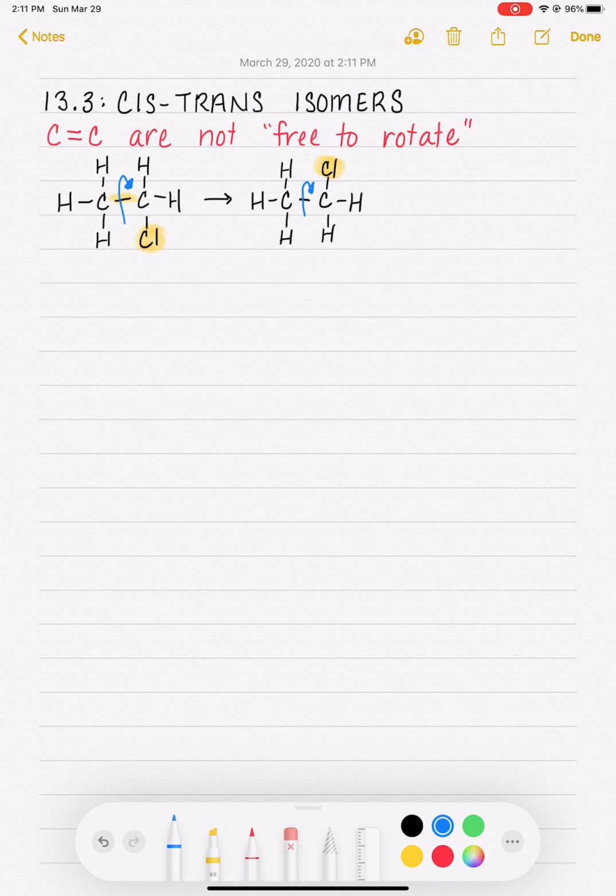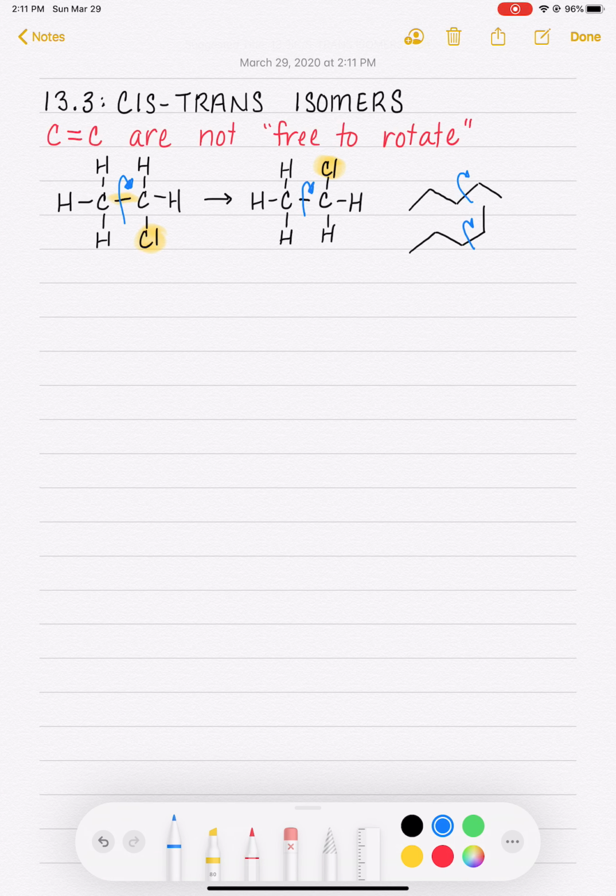And because it's freely rotating all of the time, this is why, as we are drawing the structures of alkanes, one of the things that you learned is it doesn't matter how you draw it. You could draw it like this, or you could draw it like this, and it doesn't make any difference because this bond is constantly twisting and turning, and the molecule is taking on all different kinds of shapes all the time.